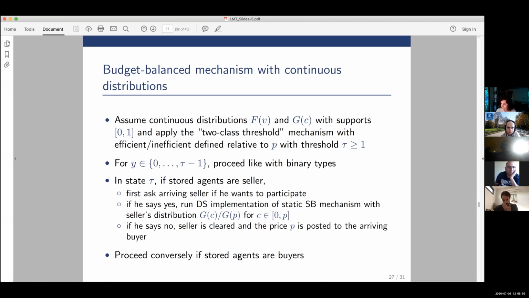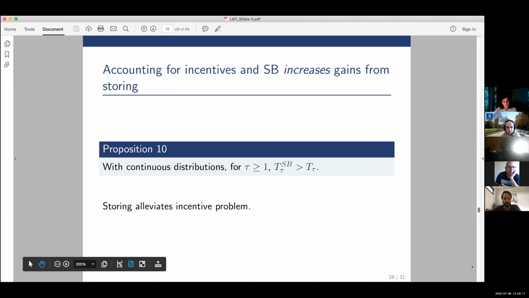And if the second best mechanism doesn't intrude, the only way that the buyer can trade is that he accepts the price offer P, and the dominant strategy is to accept that if and only if your value is above P. And of course, you proceed conversely if the stored agents are buyers, but then you just run the opposite second best mechanism.